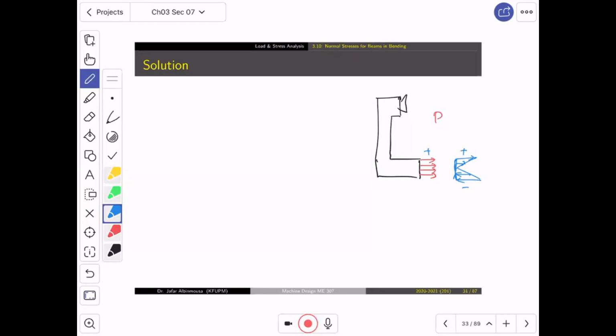Okay? Now, what we need to do is find out what is the geometrical property. In tension, when we say sigma equals F over A, we will need area and we will need force. Yes?